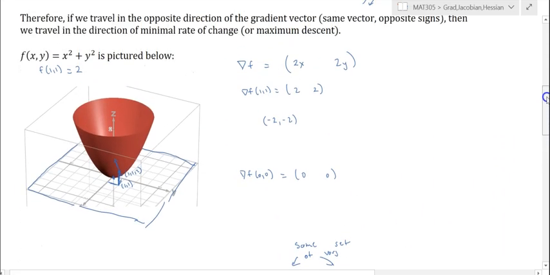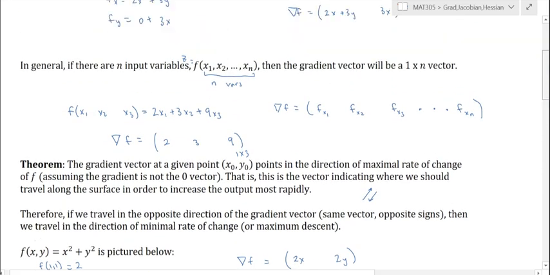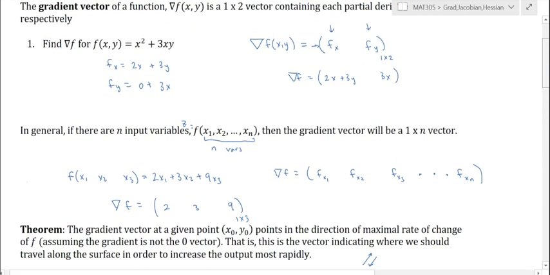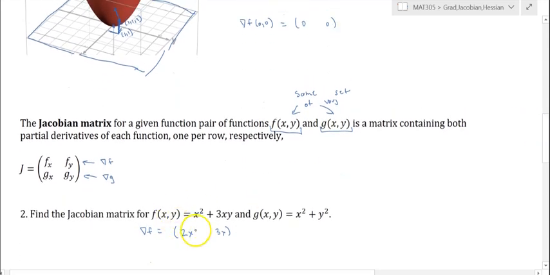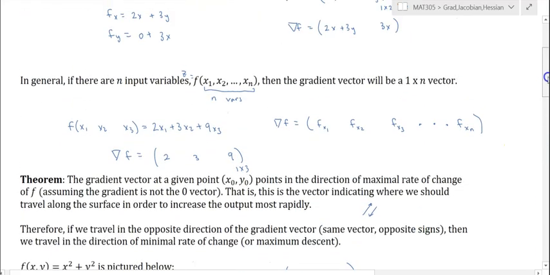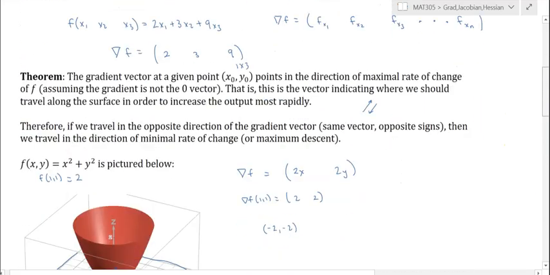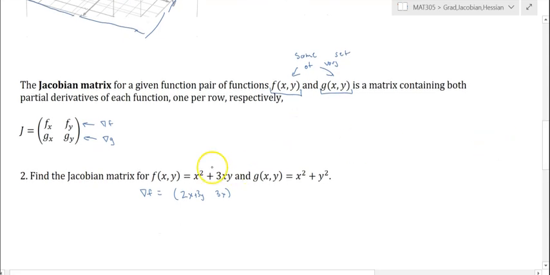Did we do that correctly up here? Okay, 2x plus 3y and 3x. Just doubting myself there for a moment.